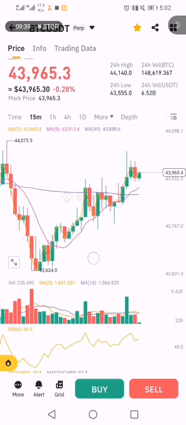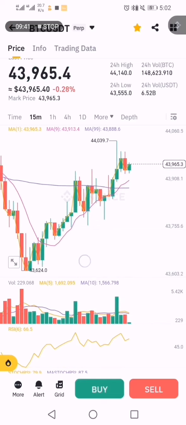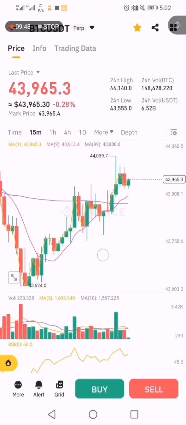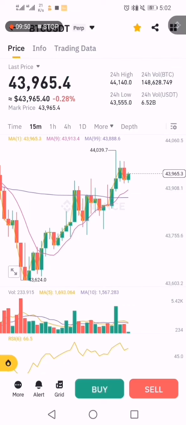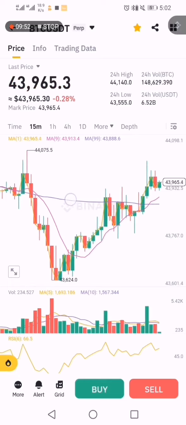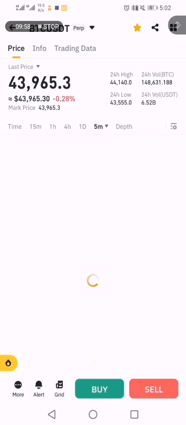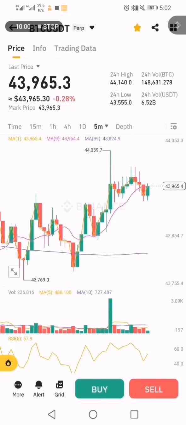So now we're back to 15 minutes to still check the situation. When you are on a bigger time frame, the market is not properly refined. It tells you the trend, but when you are on a smaller time frame, the data becomes clearer, and it shows what's happening currently.